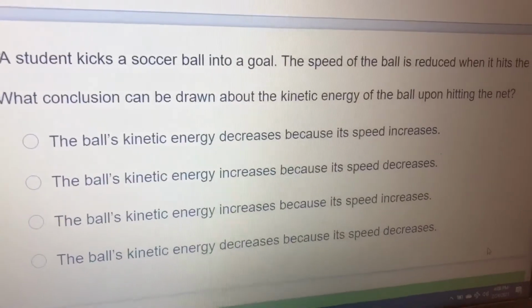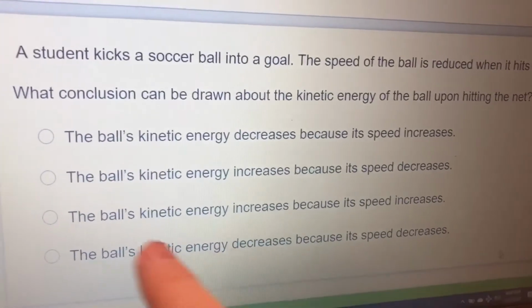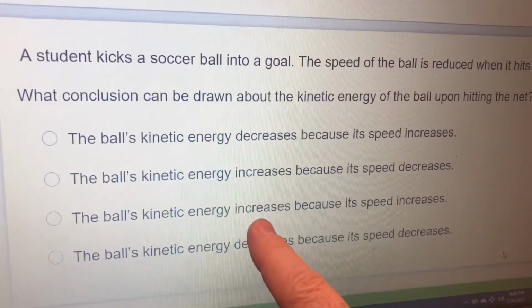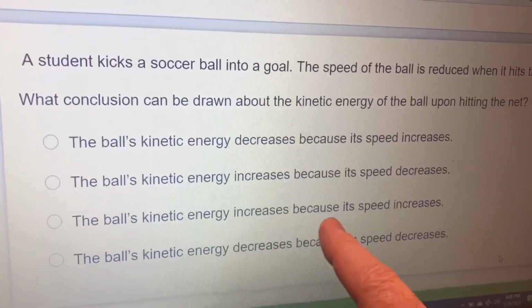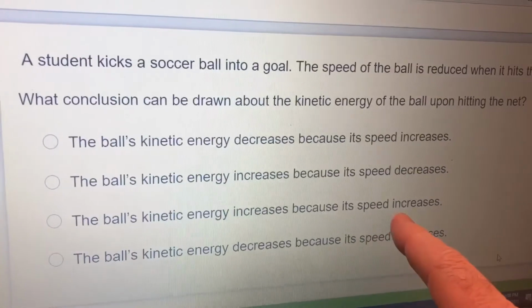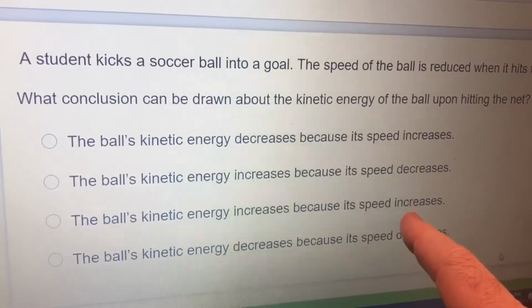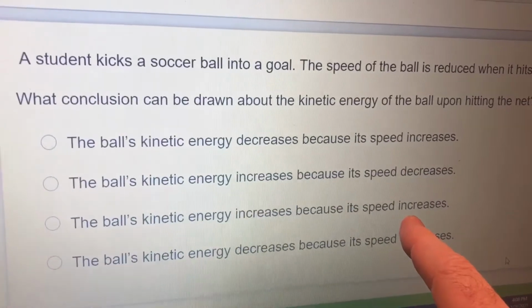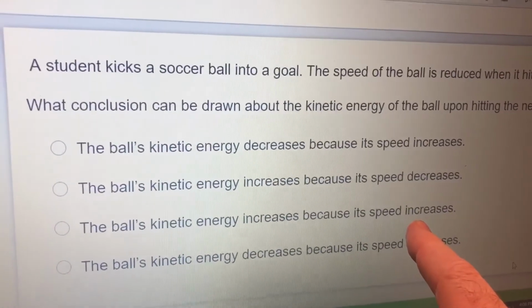See, that's how you have to think about these things, right? Let's look at this one. The ball's kinetic energy increases because its speed increased. So did the speed increase? No, because it hit the net. So it cannot go faster.